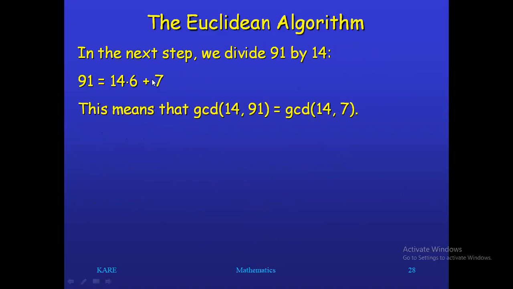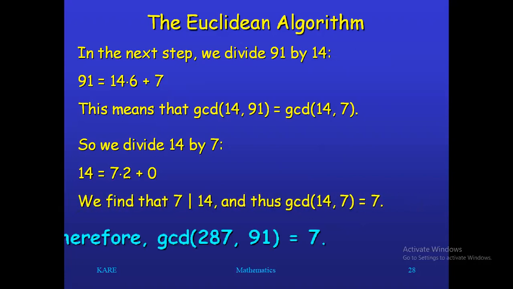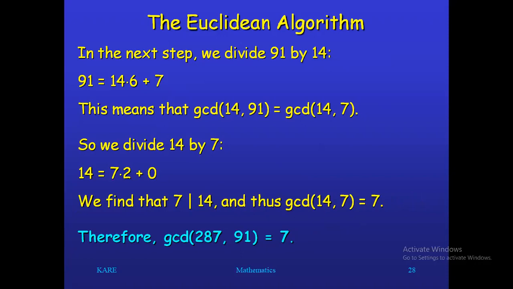This means GCD of 14, 91 is equal to GCD of 7, 14. Now we divide 14 by 7: 14 is equal to 7 times 2 plus 0. We find that 7 divides 14, and thus GCD of 14, 7 is equal to 7. Step by step they have carried out the process; they are not finding the answer directly. This is the Euclidean algorithm. Therefore, GCD of 287, 91 is equal to 7.